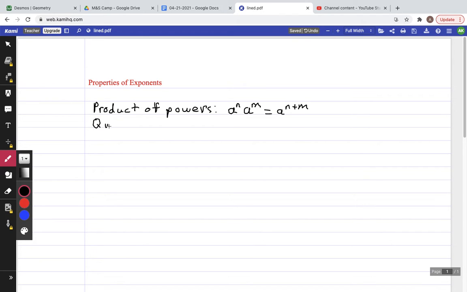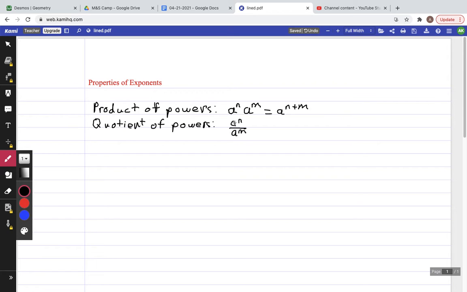Then we have quotients of powers. This property is very similar to the previous one.